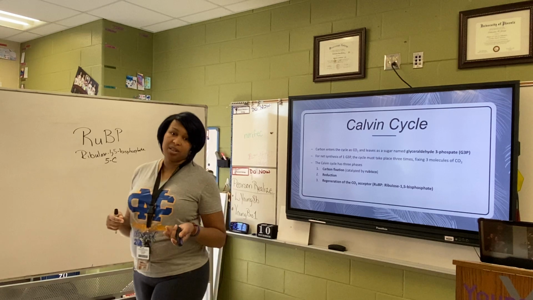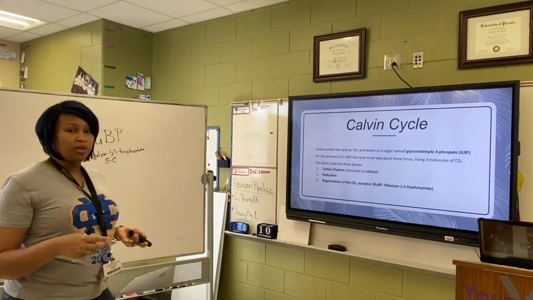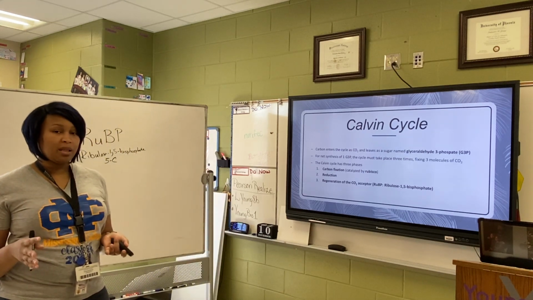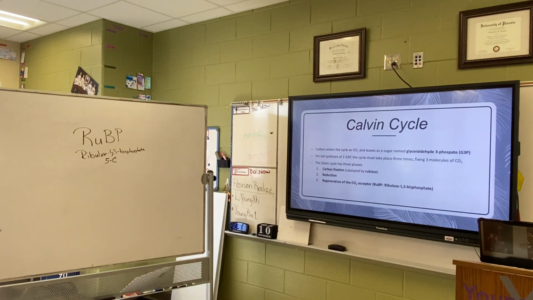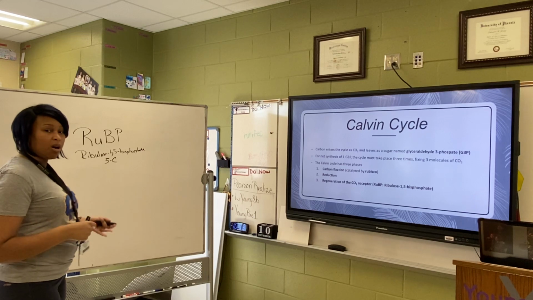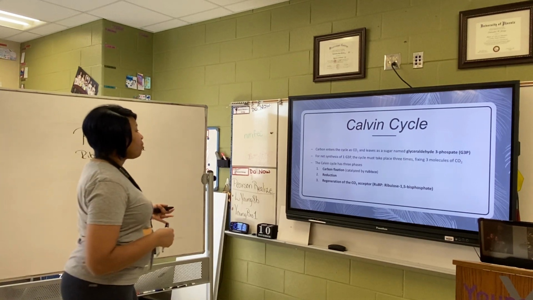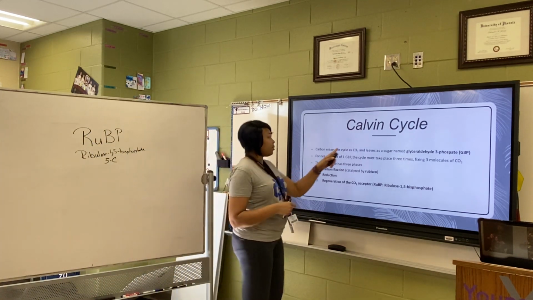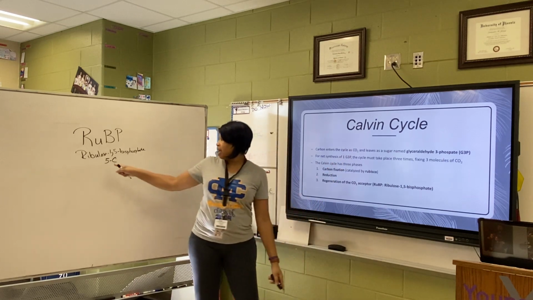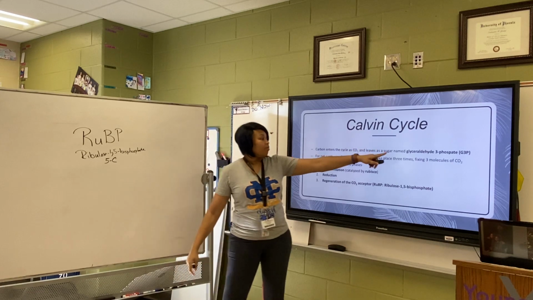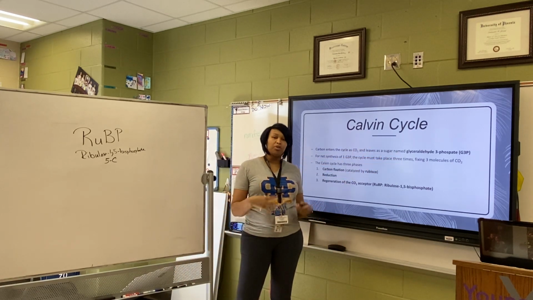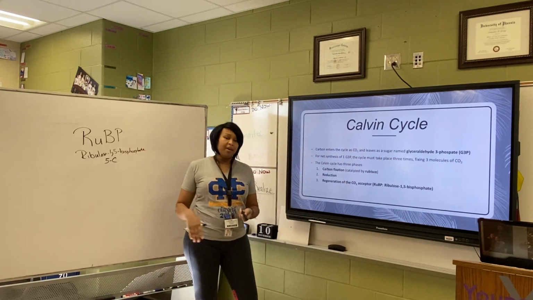At the end of the Kelvin cycle, the sugar that you're going to get out of C3 plants will be glyceraldehyde 3-phosphate. Now, it's a 3-carbon sugar, okay? There's only 1 carbon in carbon dioxide. We cannot take the carbons from RUBP to make this sugar because we have to regenerate RUBP at the end.